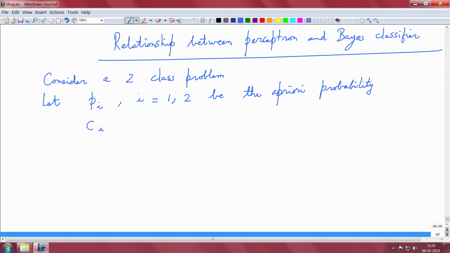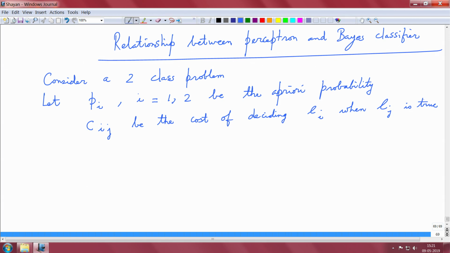Let Cij be the cost of deciding class Ci when Cj is true.